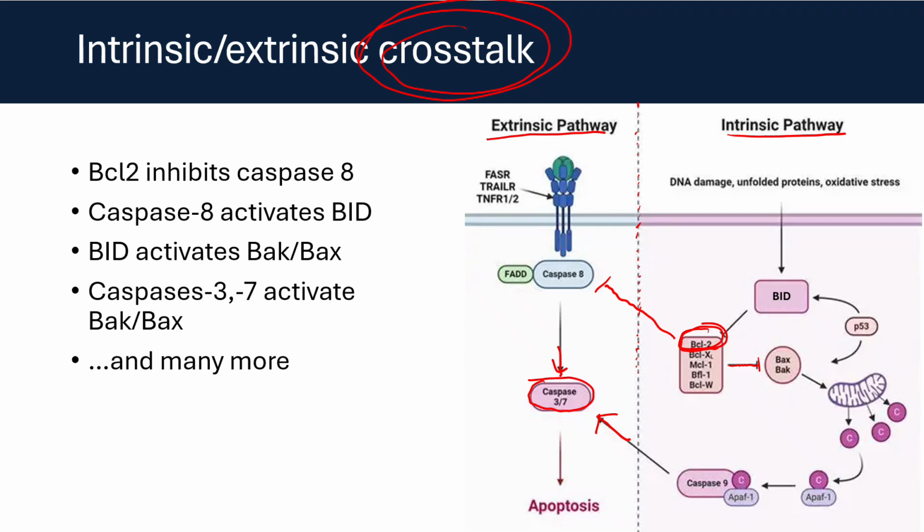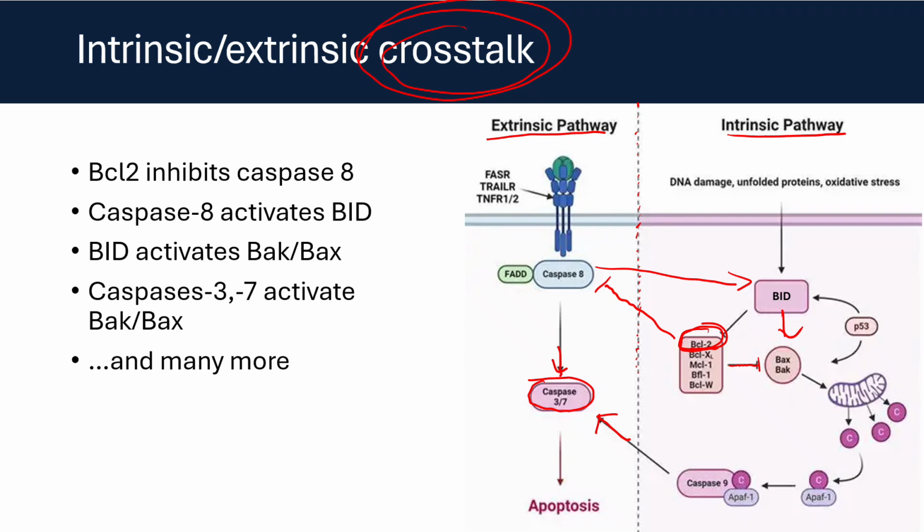What about the opposite? Well, if CASP8 is successfully recruited into the TNFR DISC complex, CASP8 can actually activate BID. And BID can neutralize BCL2 while directly activating BAX and BAK, which are pro-apoptotic.